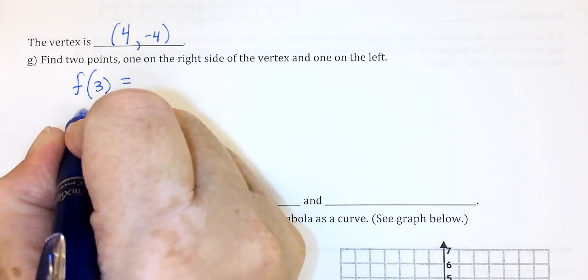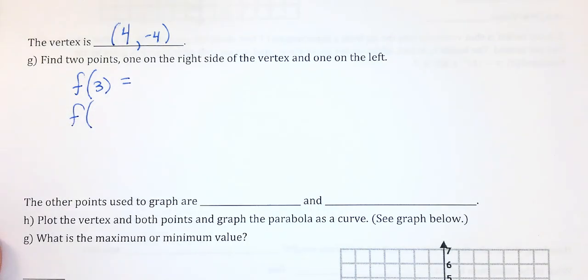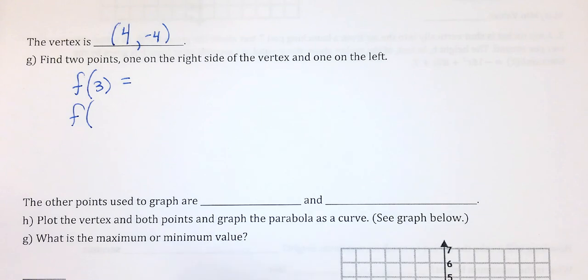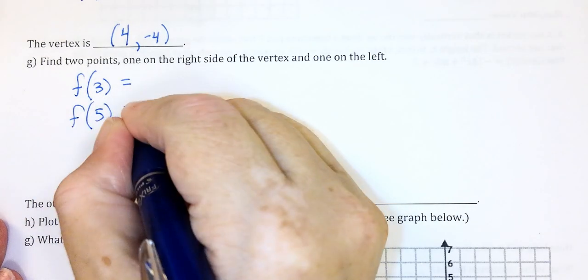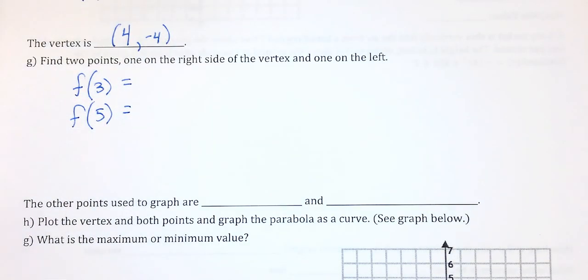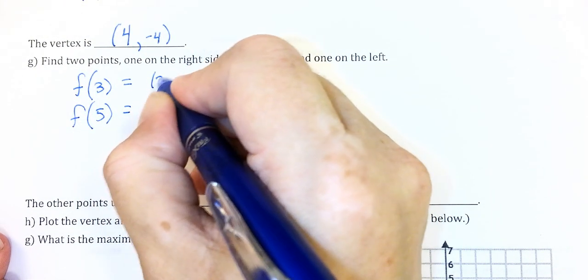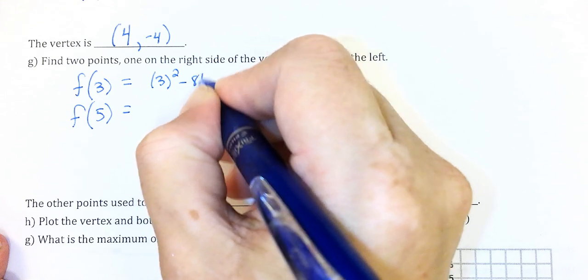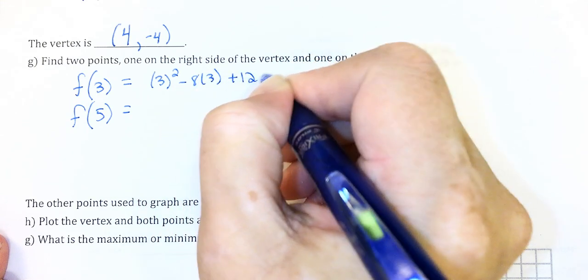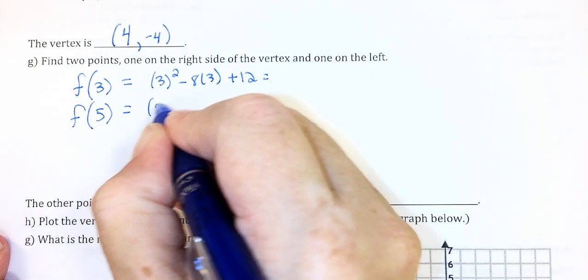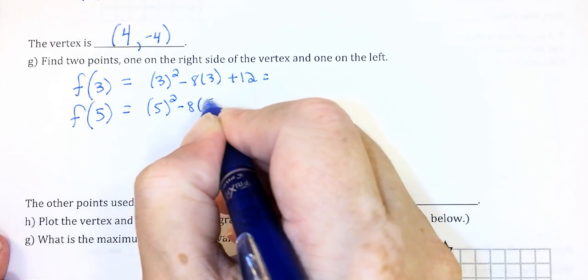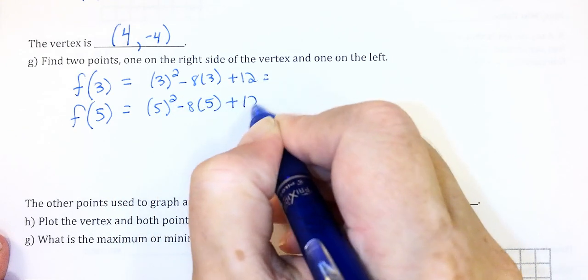And then we're also going to find 1 unit greater, so 4 plus 1 would give me 5. Okay, we're plugging it back into our original function. So this is going to be 3 squared minus 8 times 3 plus 12, and this will be 5 squared minus 8 times 5 plus 12. So let's see what we get out.